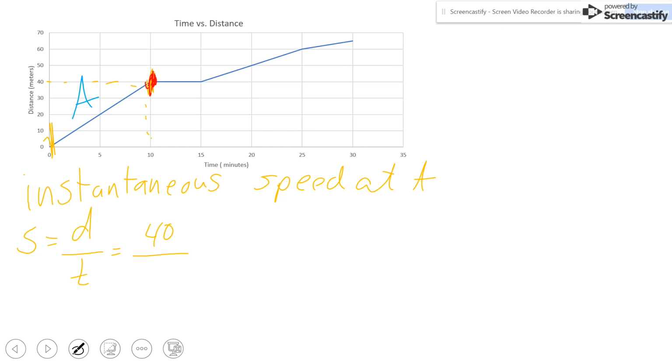And we've done this in 10 minutes. 40 divided by 10 is going to be 4. Then when you look at your units, our unit for distance is meter, and our unit for time is minutes. So our instantaneous speed at any given time from 0 until 10 minutes into the drive is going to be 4 meters per minute.